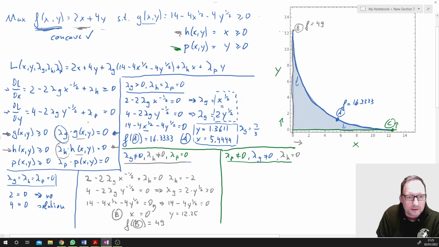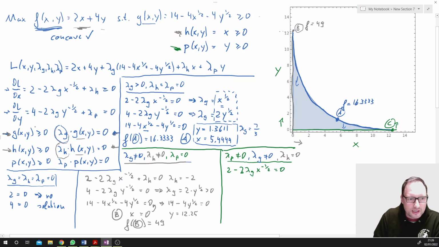Again, to get the coordinates, we have to write down our Lagrangian conditions with these impositions. So we're getting 2 minus 2 lambda g times x to the negative half is equal to 0.